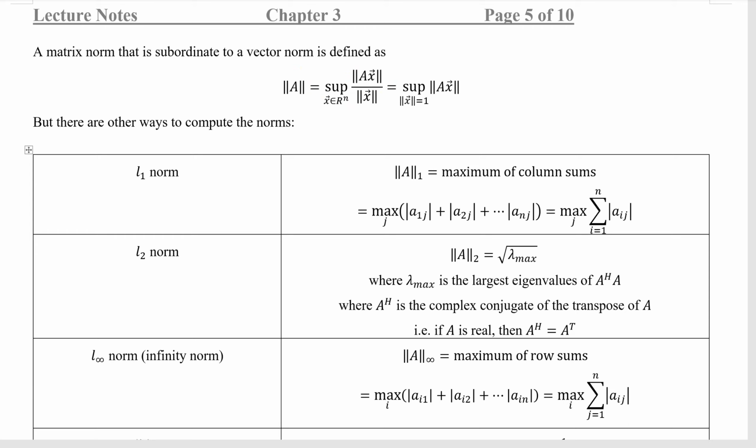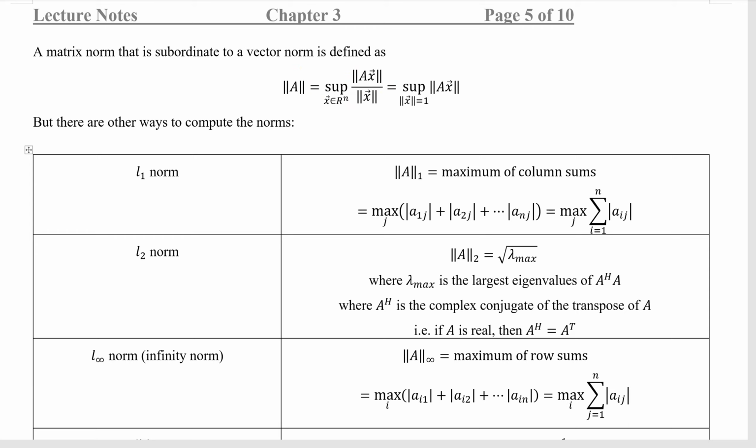Then Ax is also a vector in Rn, right? So we consider all the norms of the vectors Ax, and we divide them by the norm of x. And we get a lot of numbers because each x vector gives us a value. And we want to find the maximum of those values.